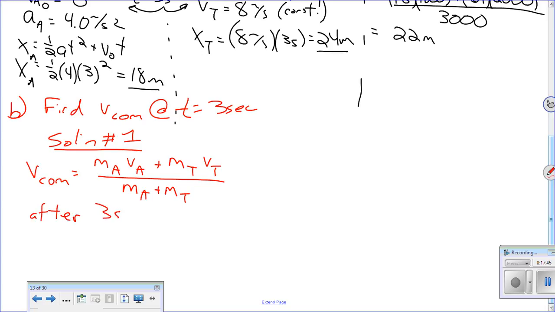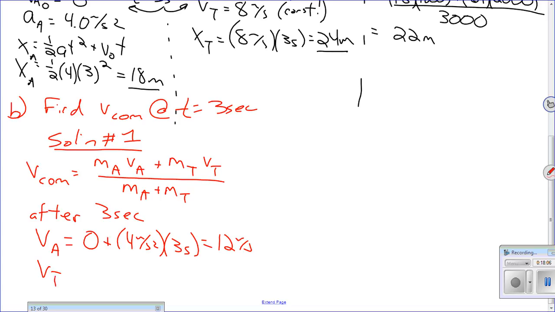After 3 seconds, the velocity of the auto is going to be, well, our v_i was 0, and then we accelerated at 4 meters a second squared for 3 seconds, so that's going to give us 12 meters a second, right? Did I do that too fast? Okay. What's the velocity of the truck after 3 seconds? 8 meters a second, because it's constant.